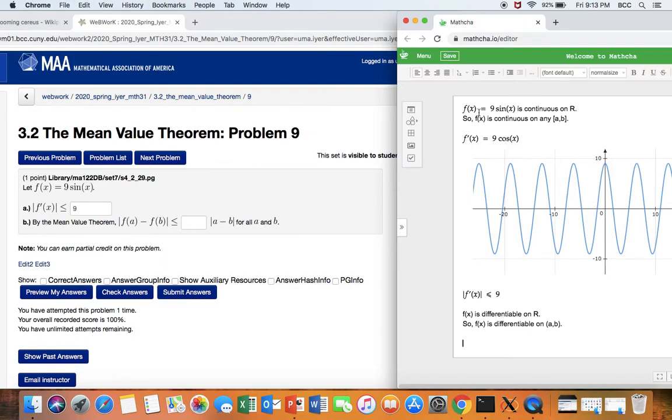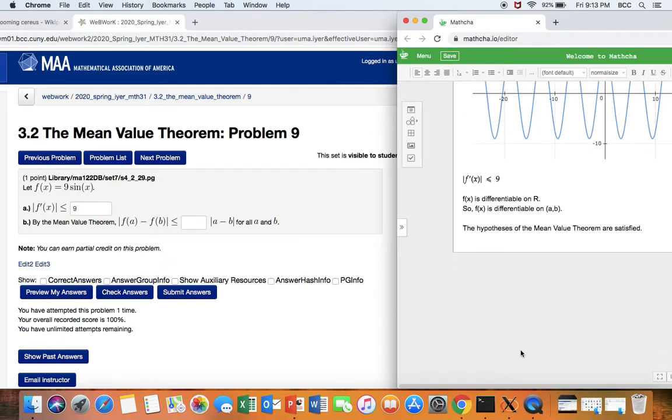So what does this mean? This item and this item together tell me the hypotheses of the mean value theorem are satisfied.